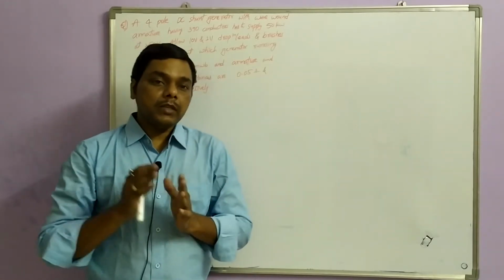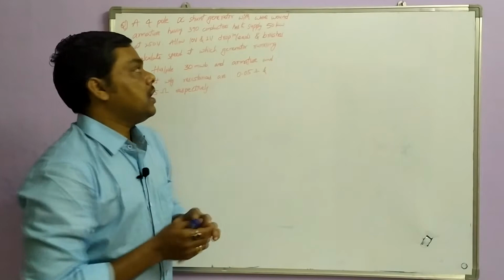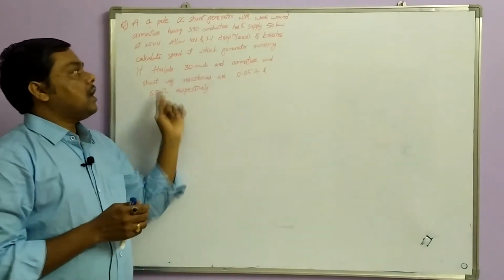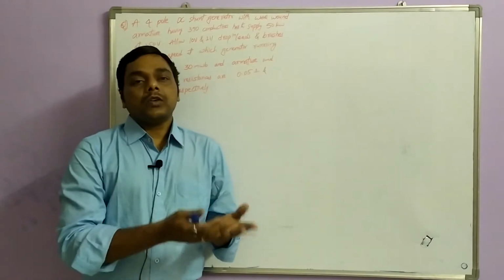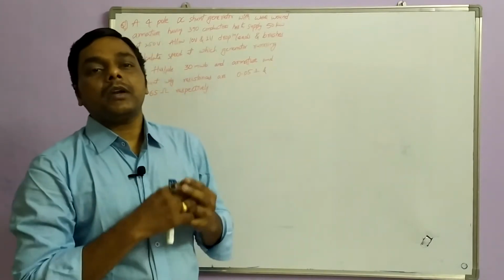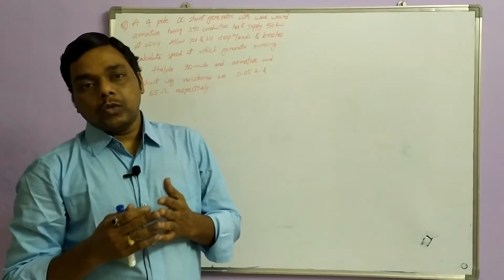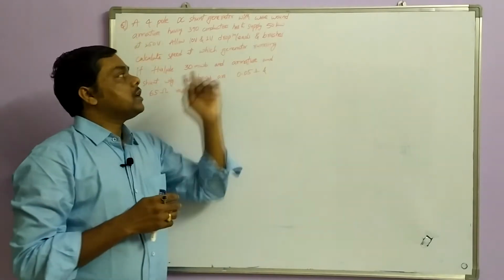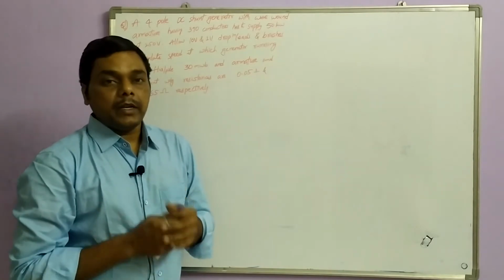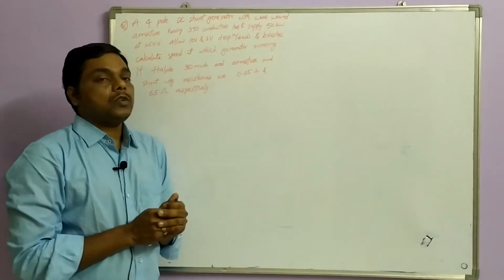So if you determine the generated EMF, then it is easily calculated. That means, equate the calculated generated EMF to the generated EMF formula in terms of flux, poles, number of parallel paths, and then the speed of the generator can be easily determined. Now we will go for the solution.